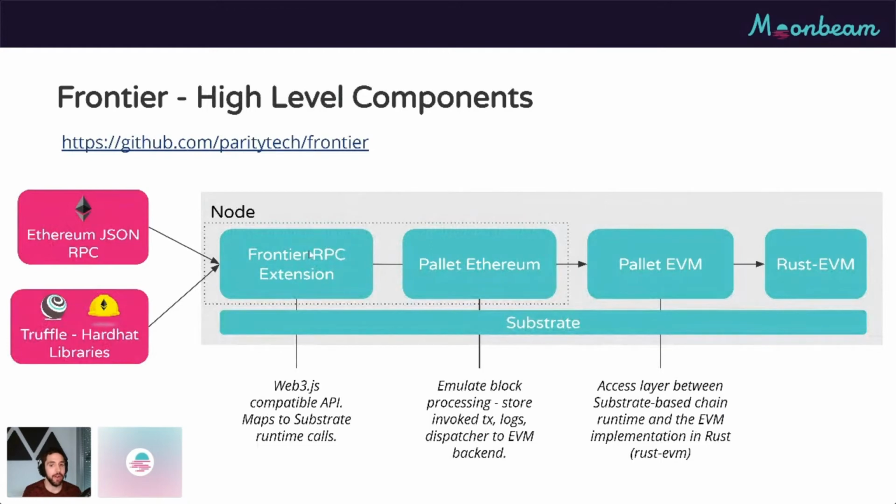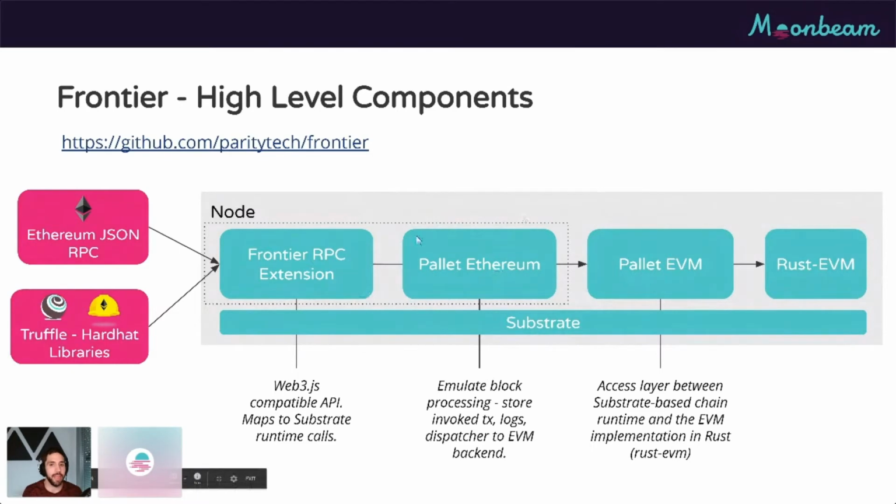And then the Frontier RPC extension basically provides a Web3 JavaScript or any other compatible API, and it will map these calls to something that is understood by Substrate. So this is what I mentioned before, that it's like a translator, like a middleware, right? It's going to map something that it receives and Substrate doesn't really understand, and tell Substrate, hey, this is what you need to do.